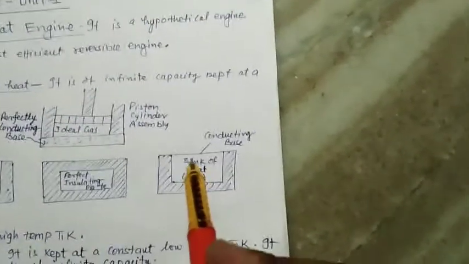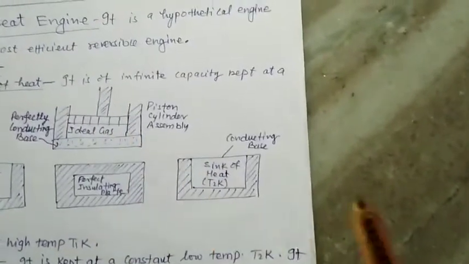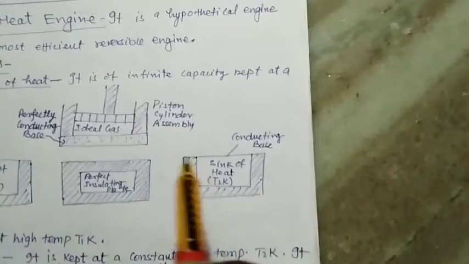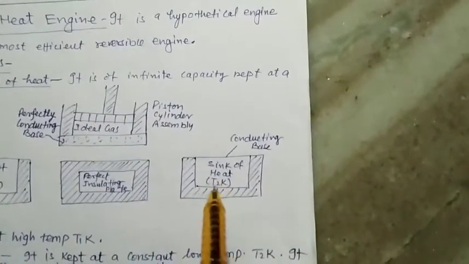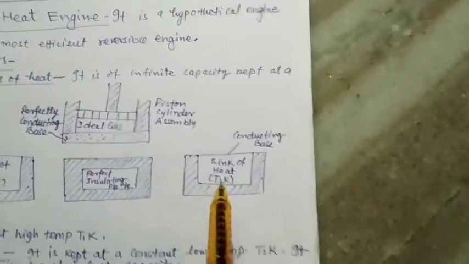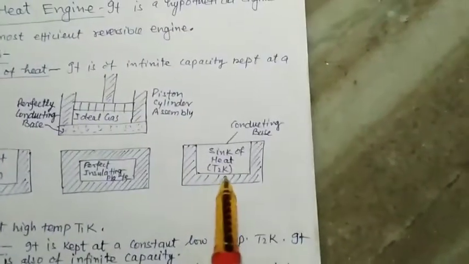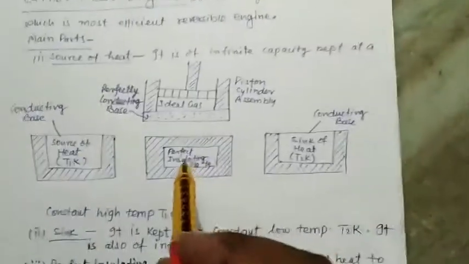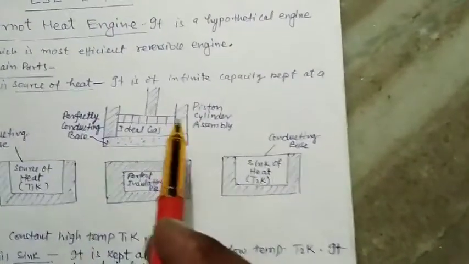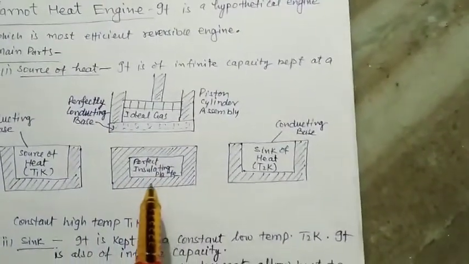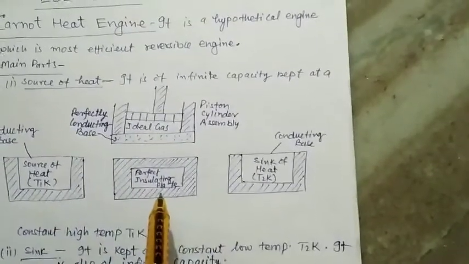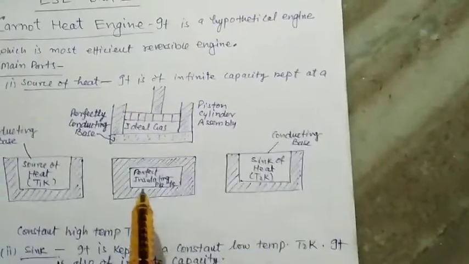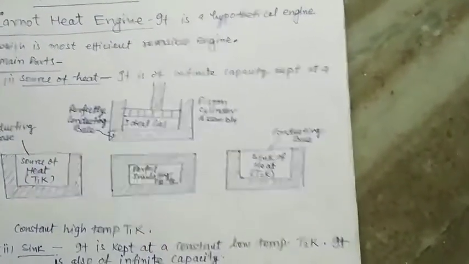In the third step, the piston cylinder assembly is kept in contact with the sink of heat at lower temperature T2 and the piston is pressed; it is isothermal at constant T2, so it is the isothermal compression. Finally, in the fourth step, the piston cylinder assembly is kept on this perfect insulating plate and the gas is compressed again adiabatically. So these 4 steps form the Carnot cycle.